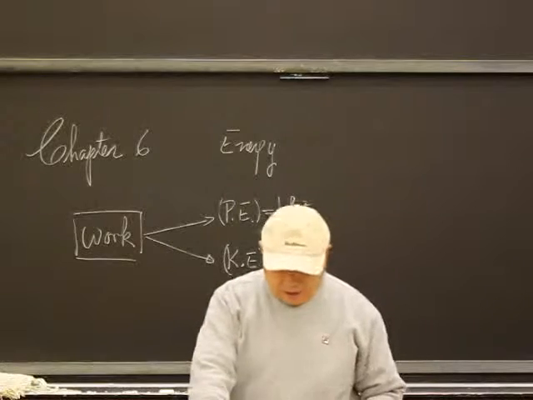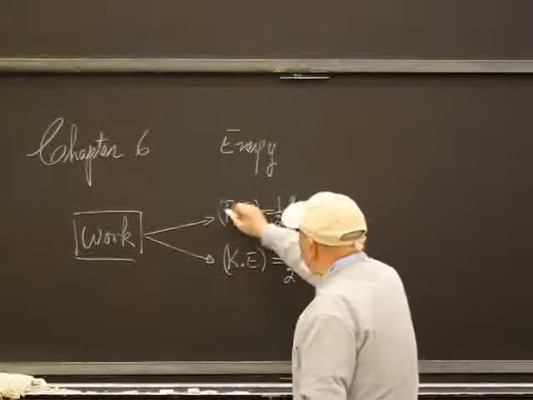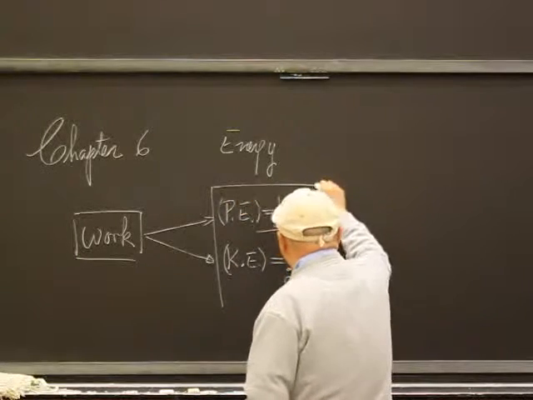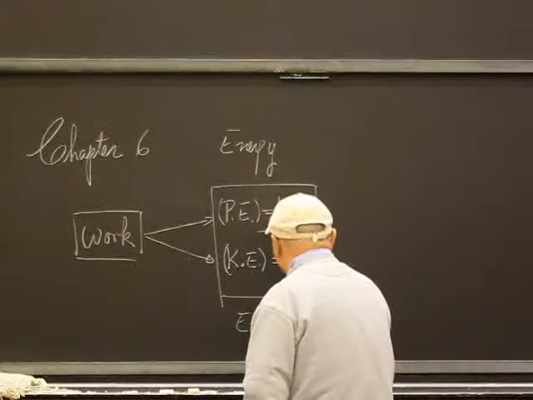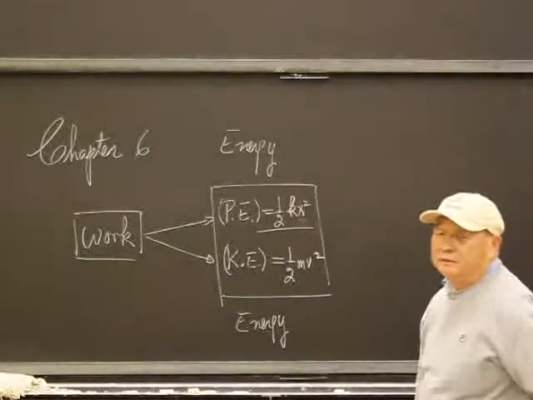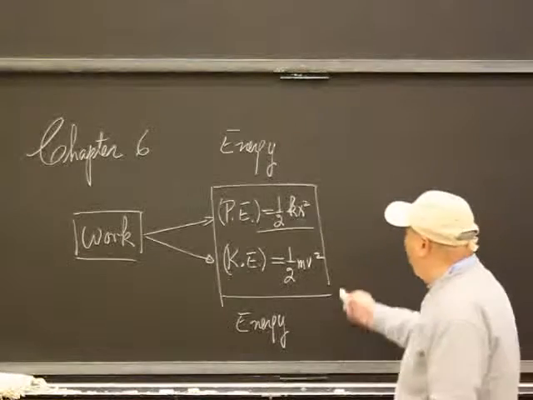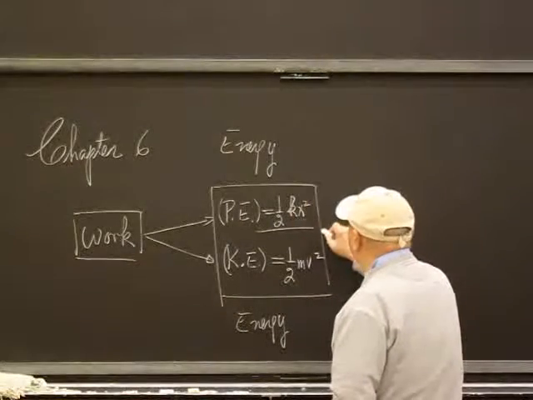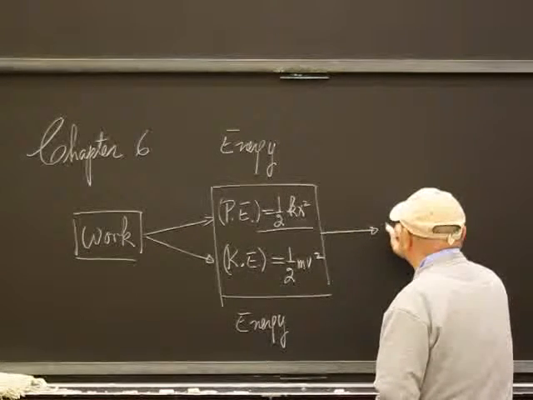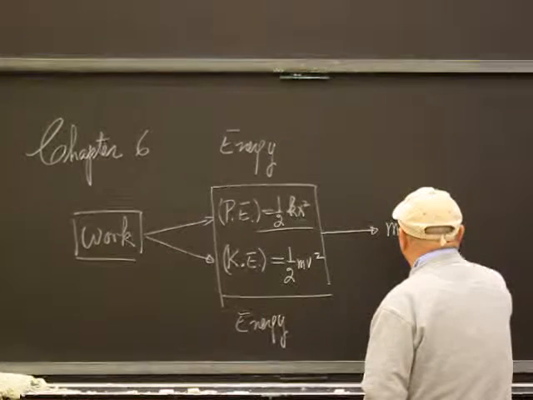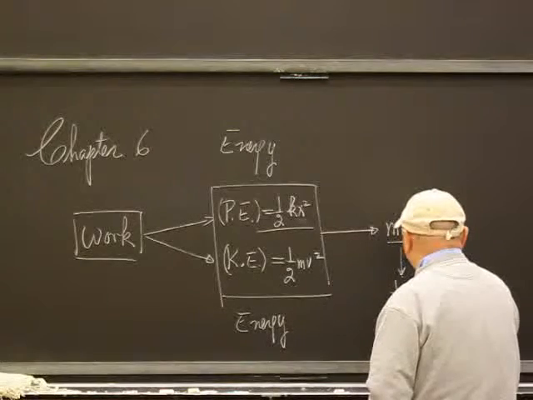Now, in these cases, all this energy can be used to do the work, or this energy can be dissipated to do the motion. In which case, when you're doing the motion, you need kinetic energy, 1.5 mv squared.